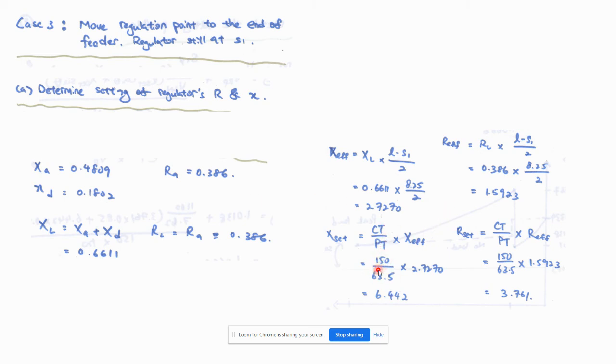The ratio. So to get the X setting, you take CT divided by PT multiplied by X effective, and the same goes for the R setting. You plug in the values and you get this. So the X setting is this, and the R setting is this, in ohm per meter.